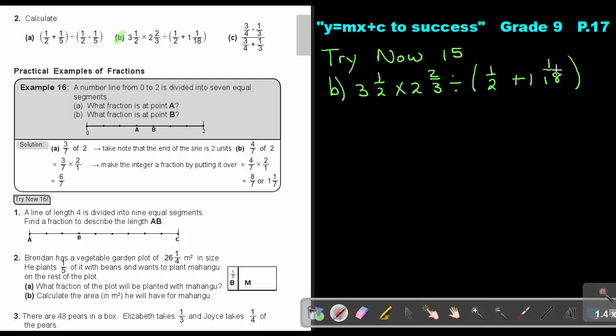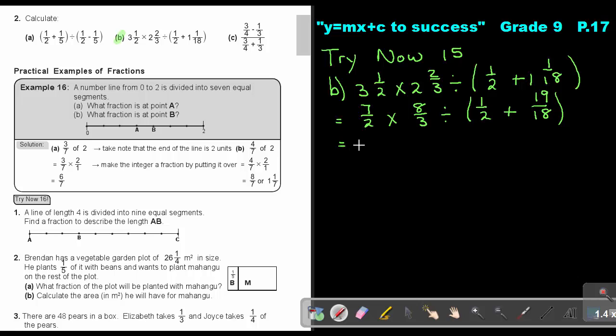Okay, let's start with that one. First, let's make it improper fractions. So 3 times 2 is 6 plus 1, that's 7 over 2. This is also 6 plus 2, so it's 8 over 3. Divide, this is a half plus, now this is 18 plus 1, so it's 19 over 18.